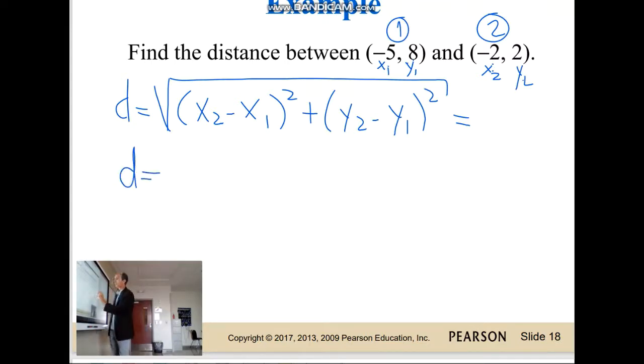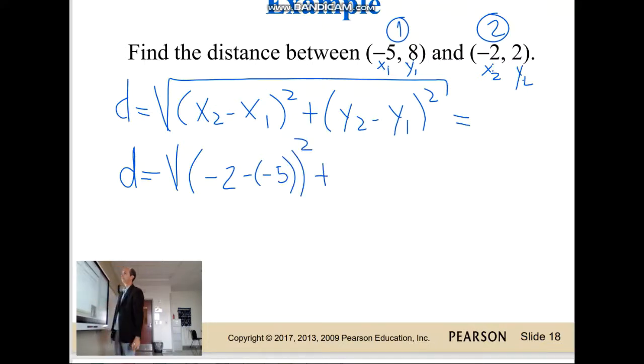So let's plug in the numbers in the formula. Distance equals square root of x2, negative 2, minus x1, negative 5, squared, plus y2, which is 2, minus y1, which is 8, squared.